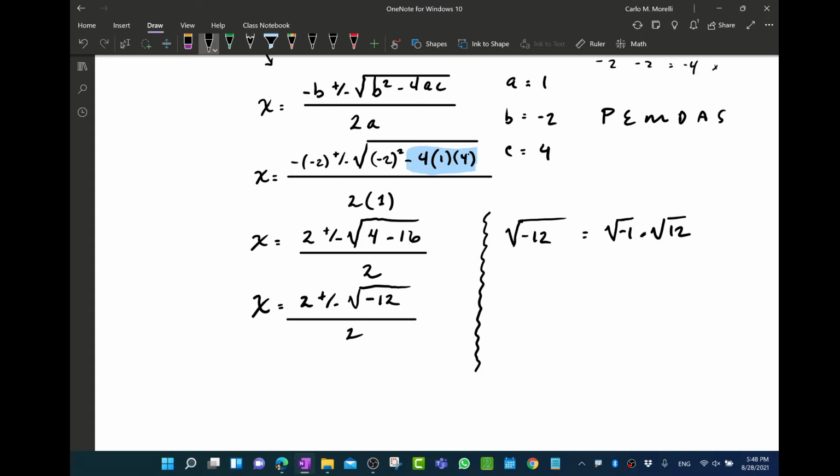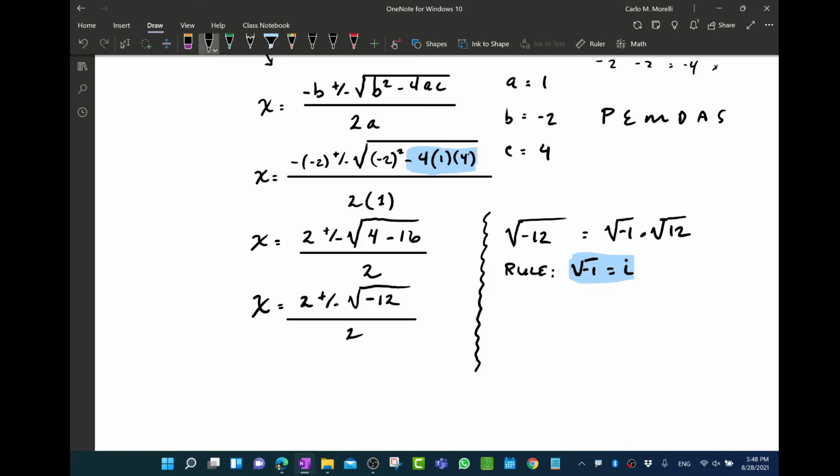Okay, now here's a little rule. We have to remember this rule. The square root of negative 1 is equal to the imaginary number i. Okay? So as long as you remember this rule, then this becomes pretty simple.